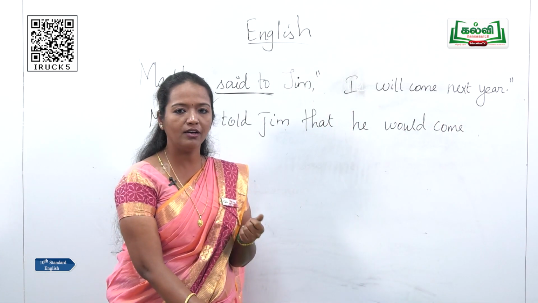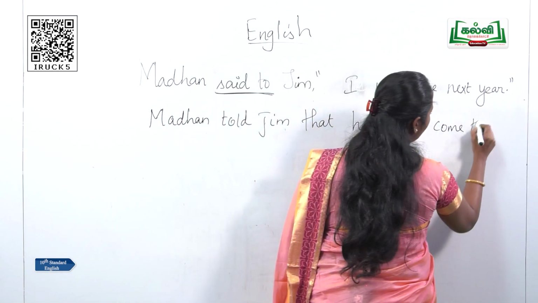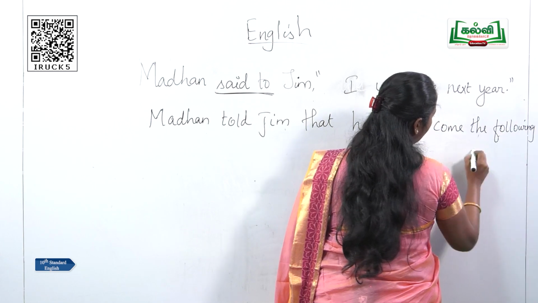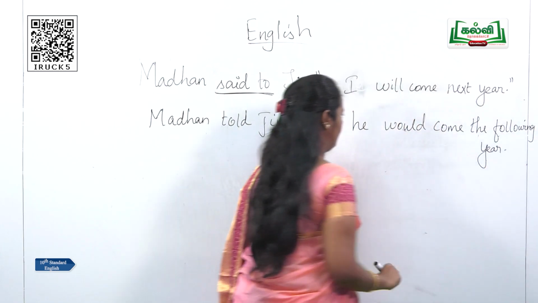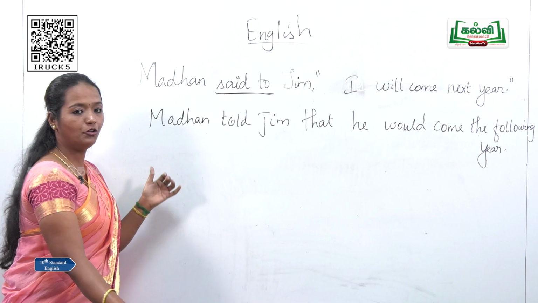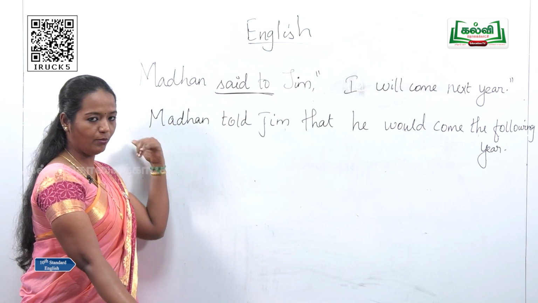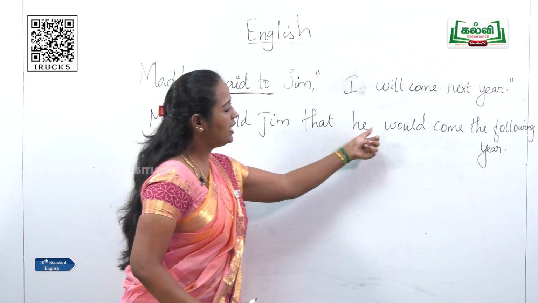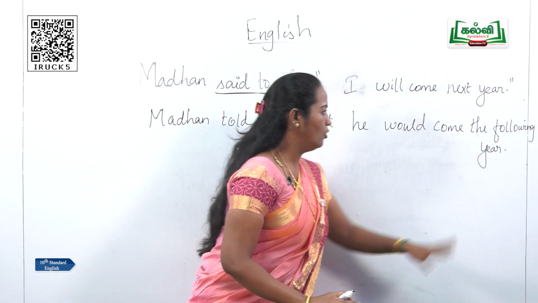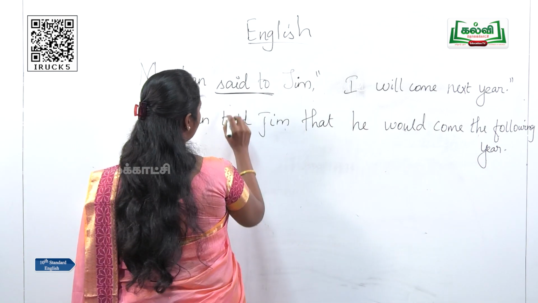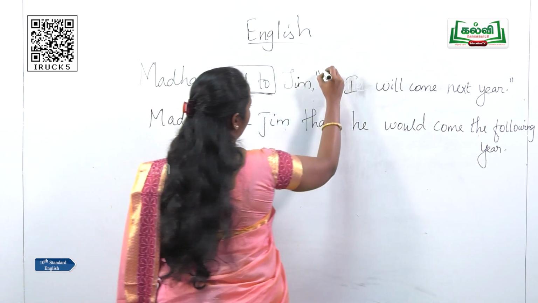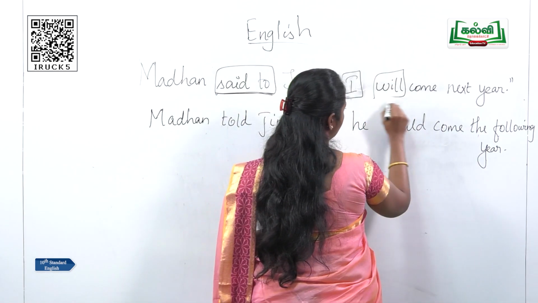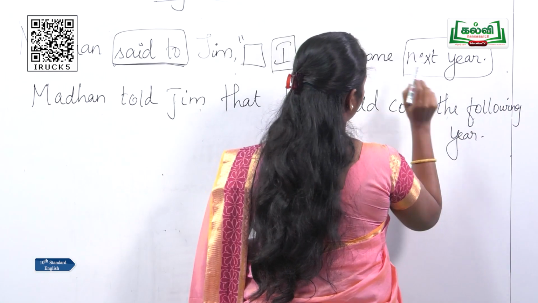So next year will become the following year. So this is how we will have to convert a sentence from direct into indirect. Madan told Jim that he would come the following year. So what changes have we made here? Here we have added a linker. This pronoun is changed and the tense is changed, and here this is also changed.